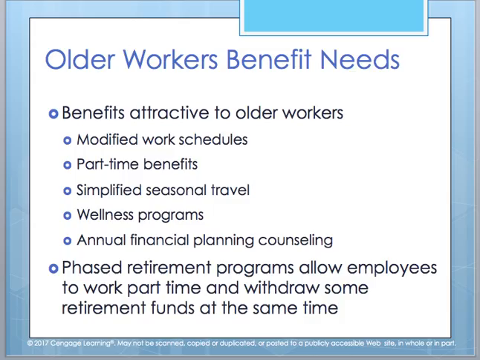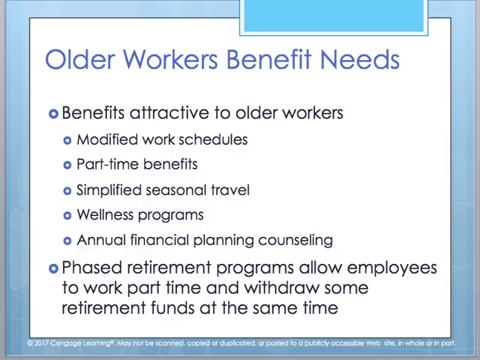When we look at our older workers, remember older workers are deemed ages 40 and older. Most of us are focusing on the 60 and older, but an older worker is considered age 40 and older. Benefits attractive to older workers are modified work schedules, some part-time benefits, simplified seasonal travel, wellness programs, and annual financial planning counseling.